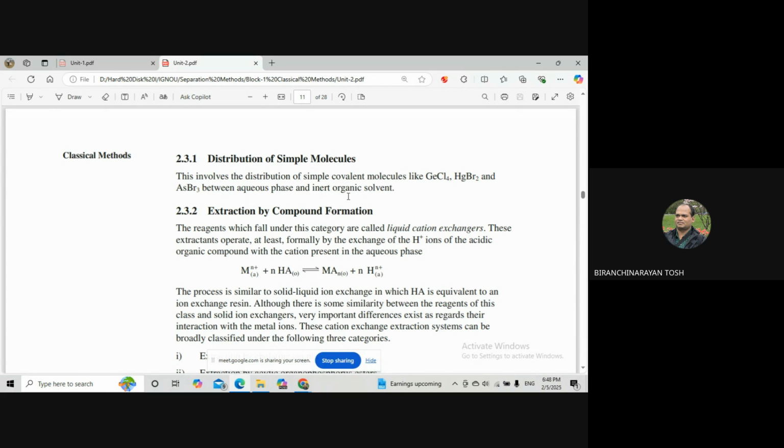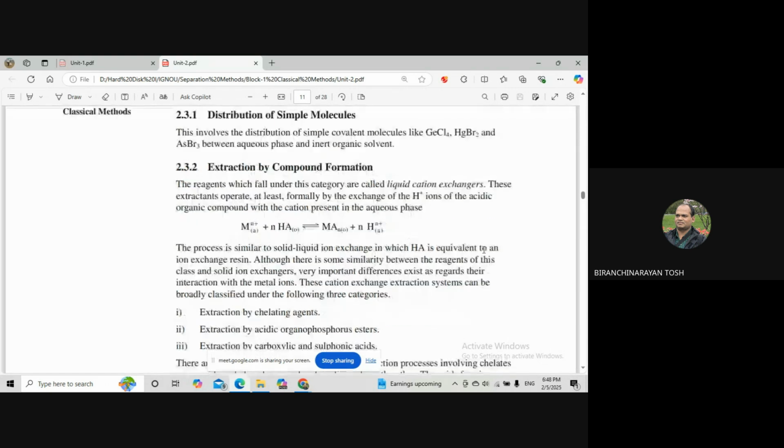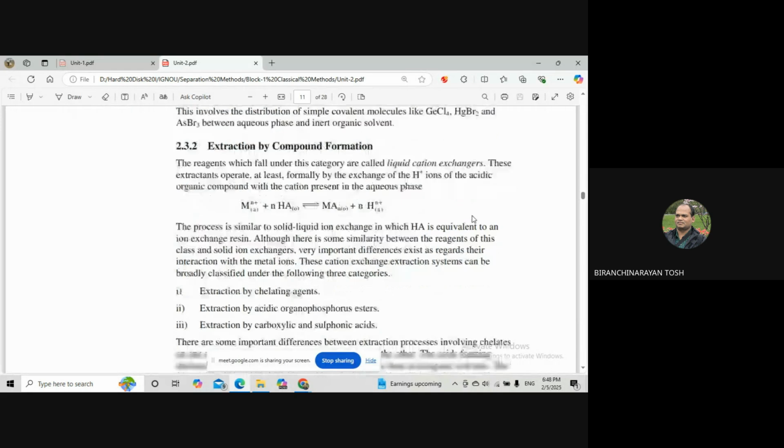Then extraction by compound formation. The reagents which fall under this category are liquid cation exchangers. We have already given some idea. These extractants operate, at least formally, by the exchange of the H plus ion of the acidic organic compound with the cation present in the aqueous phase.